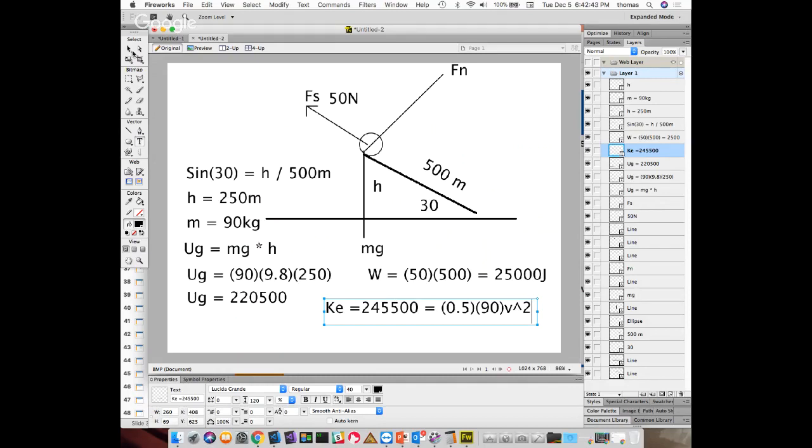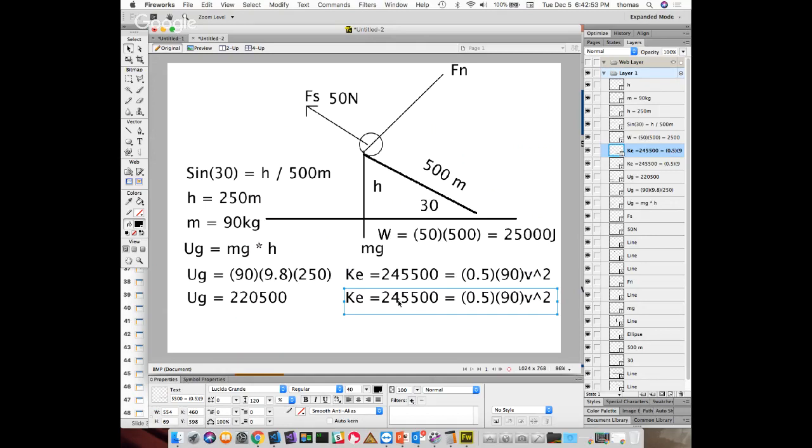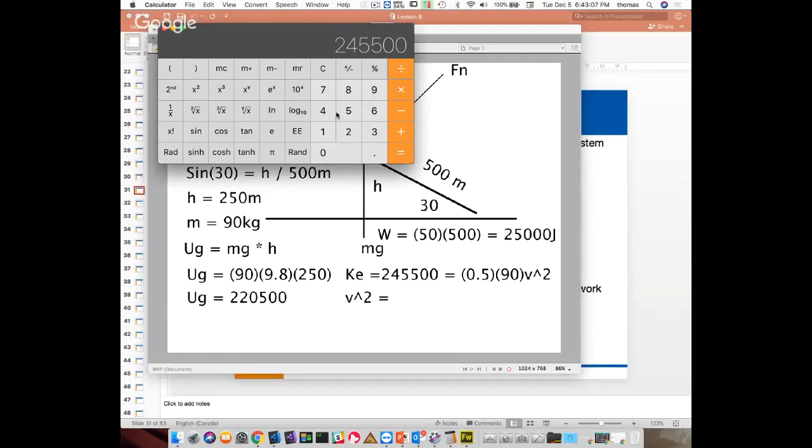Let's do that next. I know it looks like a lot of work, but I'm just breaking it down really long. Copy that in there. So we're solving for v squared, so v squared is equal to 245,500 divided by 45.